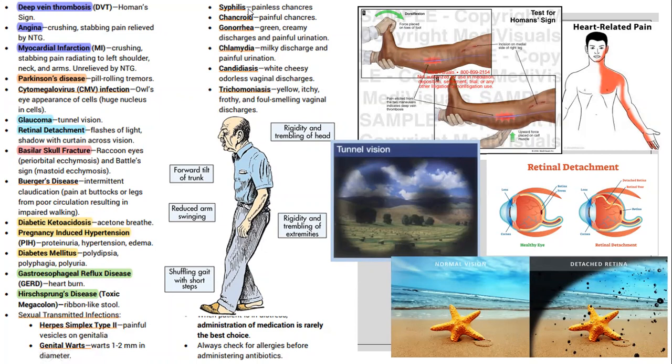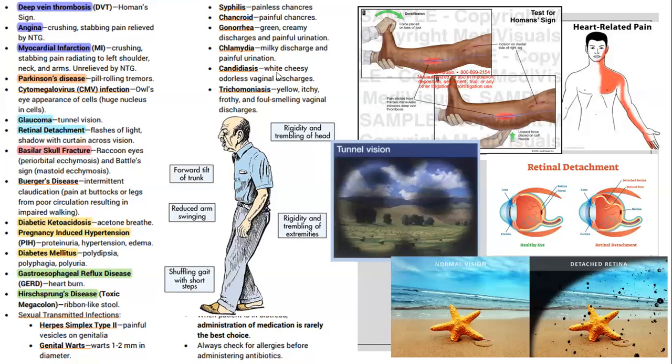In case of syphilis, painless chancre; chancroid, painful chancre. One is painless, the other is painful. Gonorrhea, green, creamy discharge and painful urination. Chlamydia infection, milky discharge and painful urination.